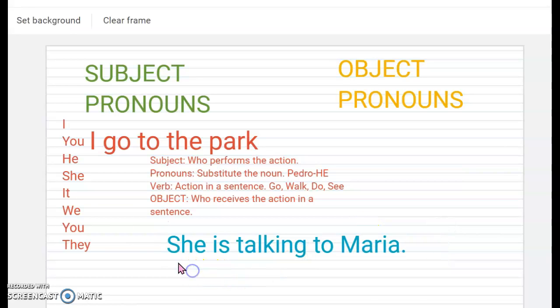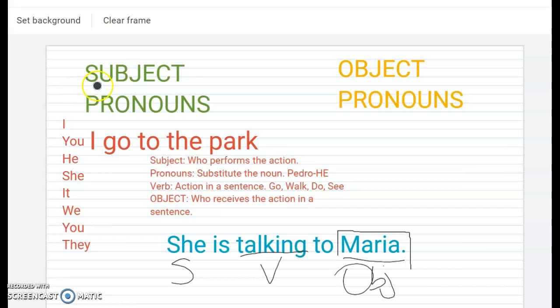That means that Maria is going to become the object of this sentence. So we have she is the subject, talking is the verb, and Maria is our object because Maria is the one receiving the action.